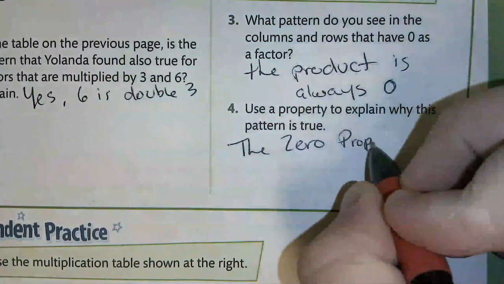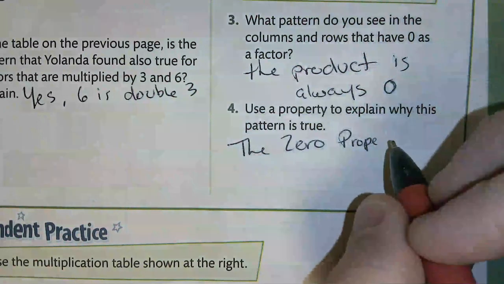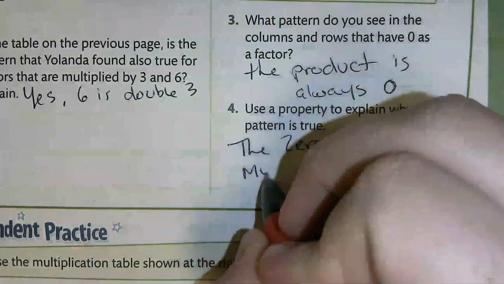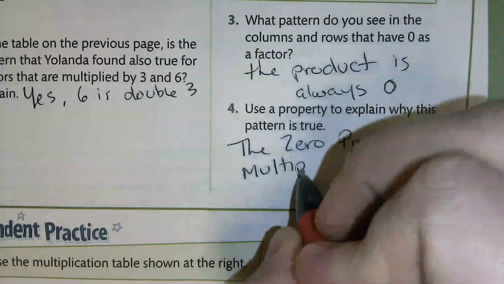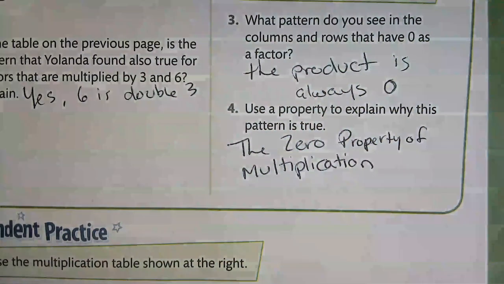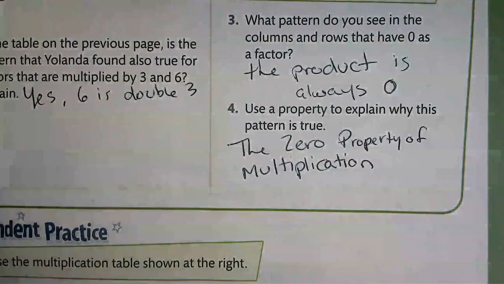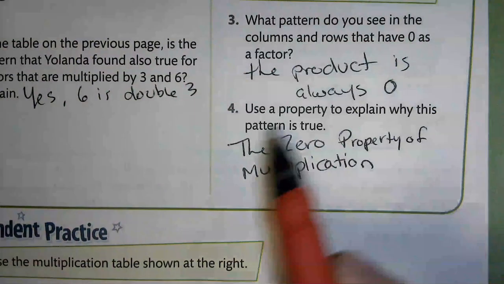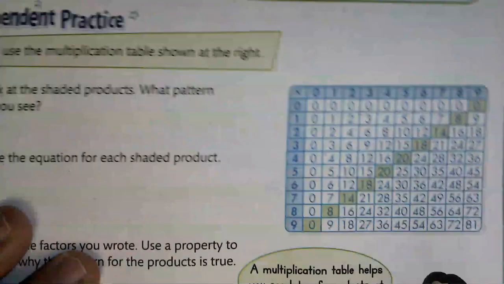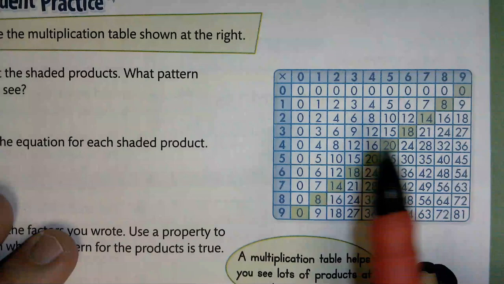There we go. Didn't want to get it wrong. And that property told us that anytime we times something by 0, we will always get 0 as our answer, right? So this helps us to understand why this pattern is on our hundreds table, or our multiplication chart.